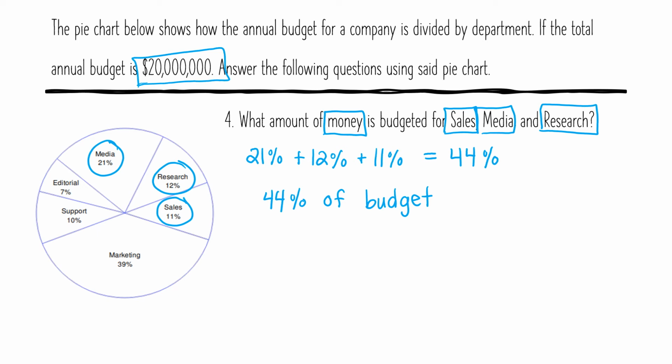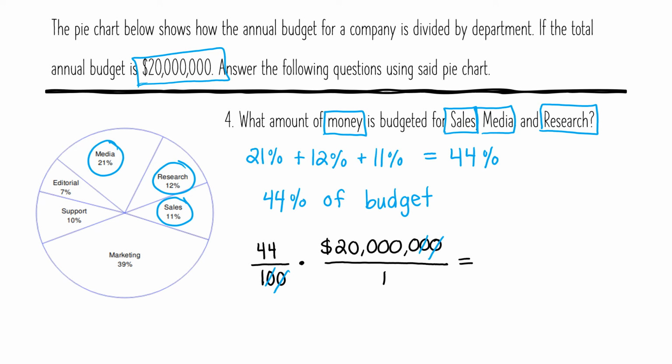But let's convert that 44% to a fraction. So we have 44 over 100, and multiply that by our 20 million, which we'll write as a fraction over 1. Just like in the other examples, first we'll divide out our powers of 10 by crossing out the same number of zeros in our numerator and denominator until we've run out of zeros.